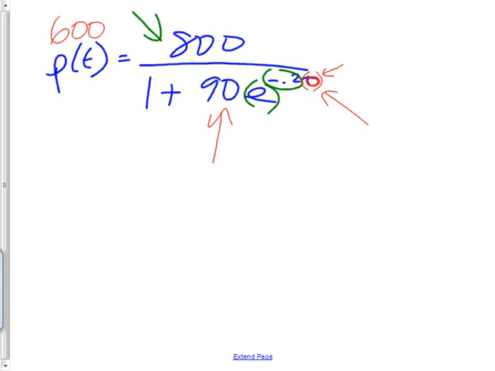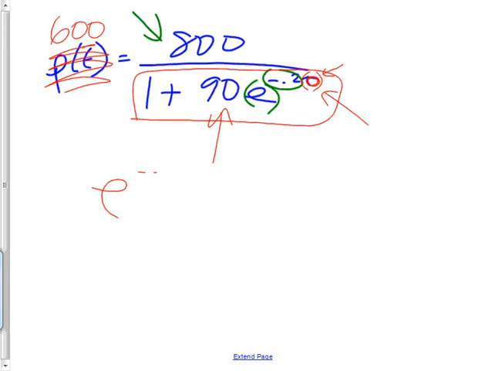To get the 600 alone, I would multiply both sides by this, and then I'd have to divide both sides by 600, then I would subtract 1, then I would divide by 90, and I'm getting the clump alone, and in the end I would have e to the negative 0.2t is equal to some number. Then I would rewrite it as a log. That one's pretty hardcore.